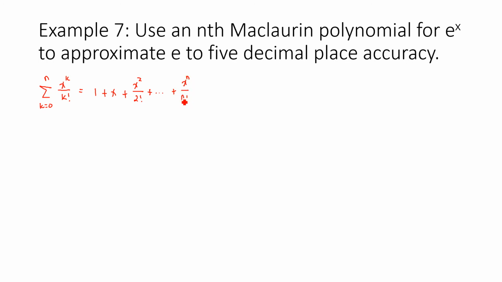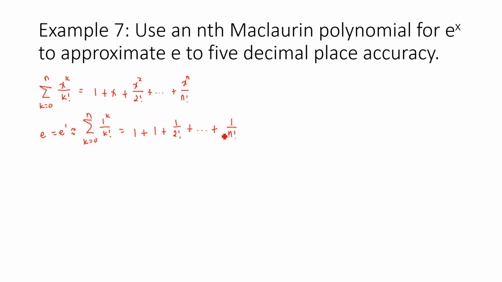In this, we have e is equal to e raised to 1, which is approximately equal to the summation of 1 raised to k over k factorial from 0 to n, which is equal to 1 plus 1 plus 1 over 2 factorial plus so on plus 1 over n factorial.